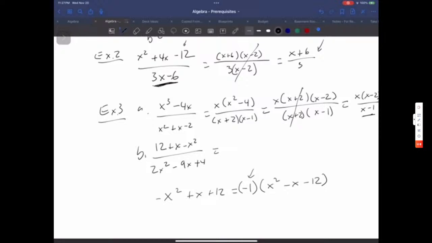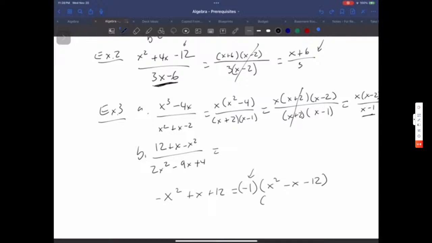The one that gives us that, as before, is going to be x minus 4, x plus 3. The factors of 12 are 3 and 4. Minus 4 plus 3 is going to result in minus 1. You can't see where I'm pointing, so I have to circle it. Minus 4 plus 3 is going to result in minus 1. So that's what we get here. So that's how we know that's correct.